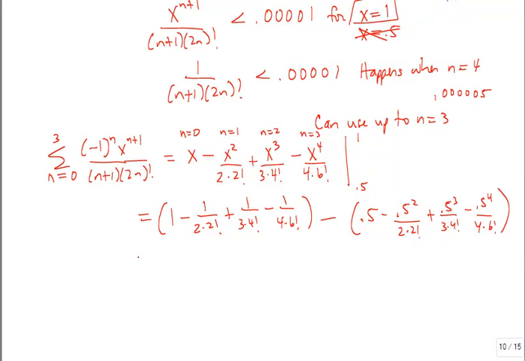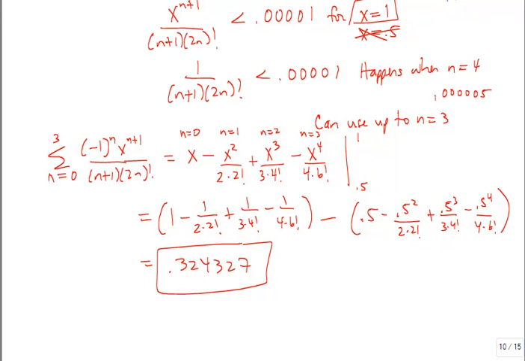And you can punch all of that into your calculator, and you're going to get 0.324327. So there is our approximation to that definite integral with an error less than 0.00001.